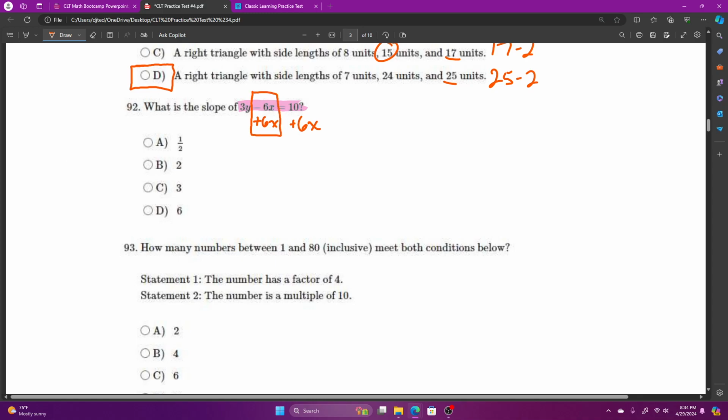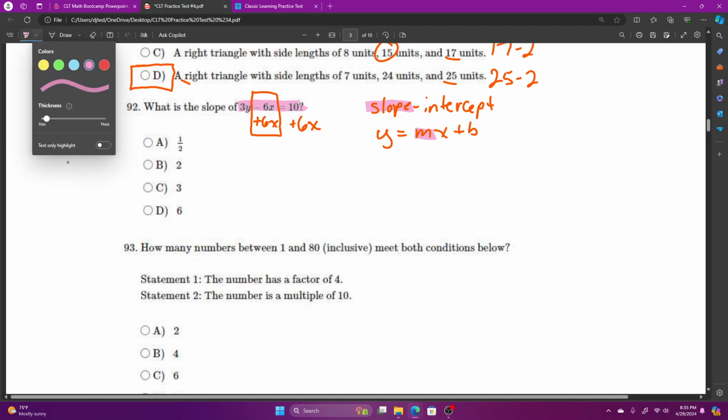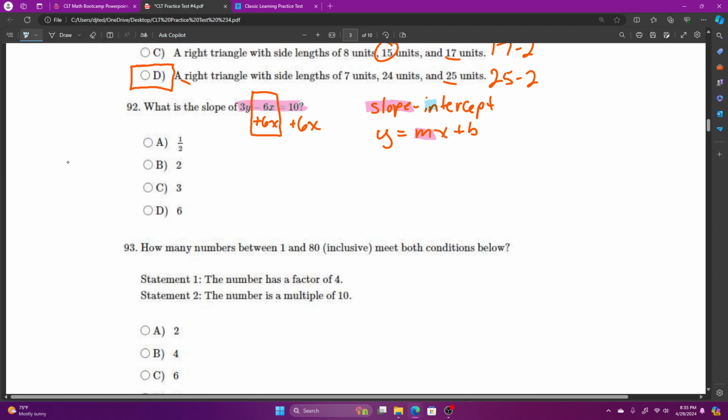Because the goal is to rewrite from standard form to slope-intercept form, where y equals mx plus b, and your slope is the m, and your y-intercept is the b.